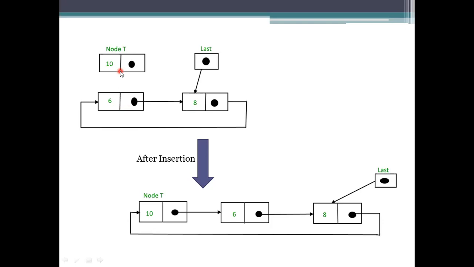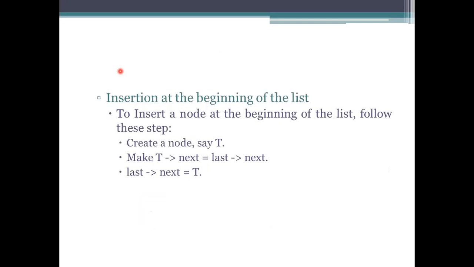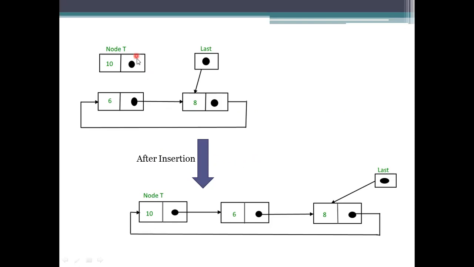So here we need to consider T's next will be last next. T's next means this one. What is the last next? Last next is 6. So first, we need to create a pointer to the next element, and we need to update the value here.